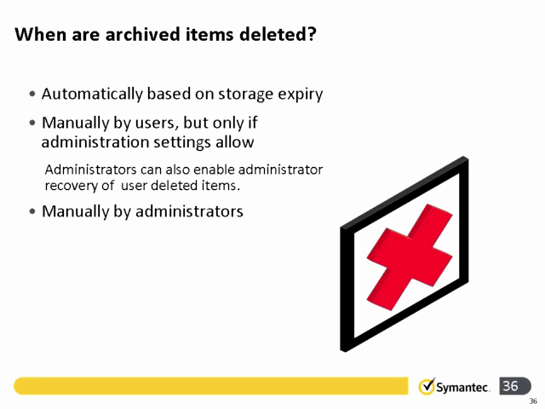We can have users manually delete the items, but only if the administrator has allowed them to do that. And when the administrator allows them to delete items, we'll see that the administrator can also allow the users to recover those deleted items. There isn't any user ability to recover those deleted items if the shortcut has been deleted as well. And then manually they can be deleted by the administrators.